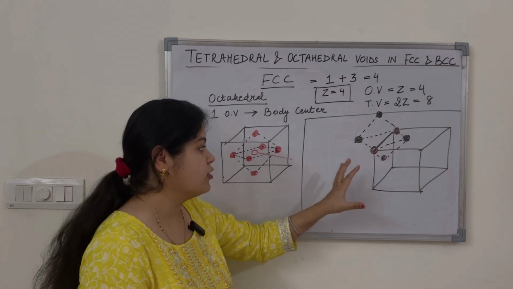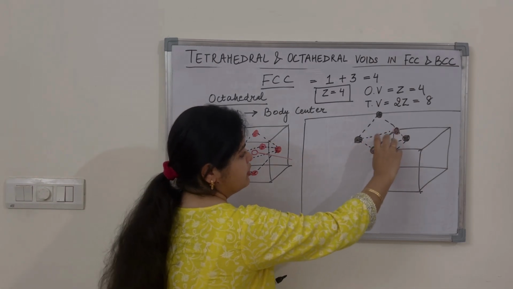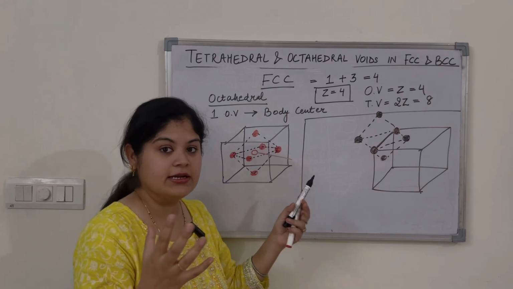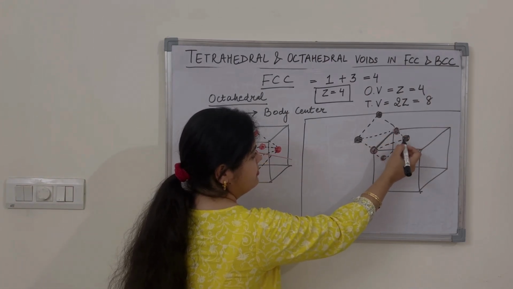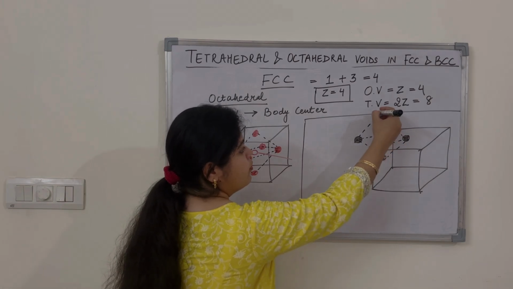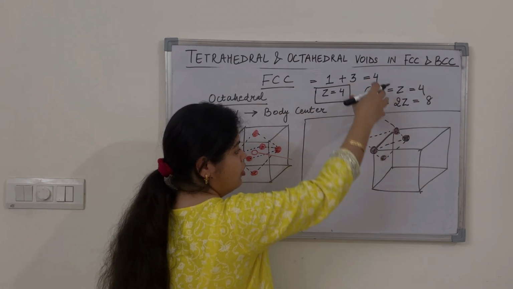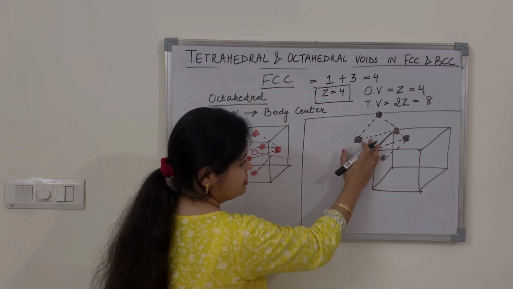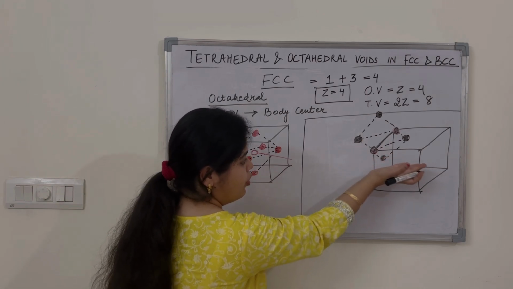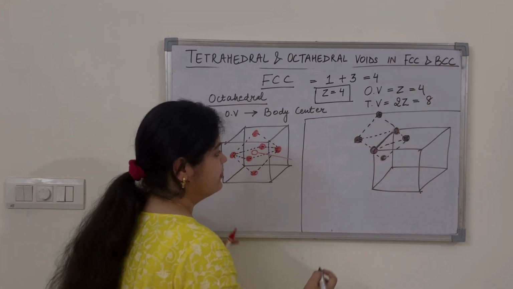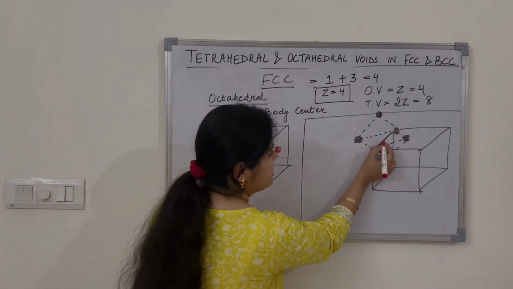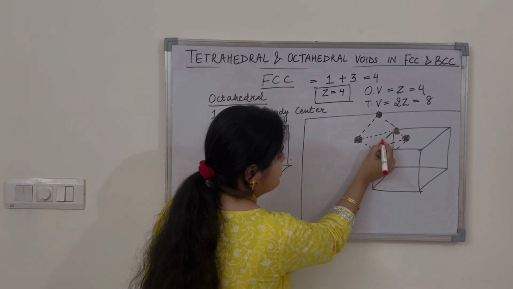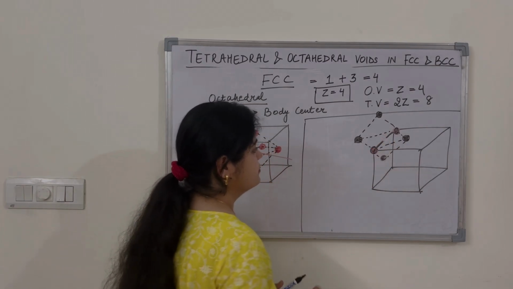It doesn't look like an octahedron, but it is, because if you visualize it in 3 dimensions, then these atoms lie on one plane, this atom is on the top and this atom is on another plane which is at the bottom. So it forms an octahedron, and the void created as such is exactly at the edge center, exactly at this position.